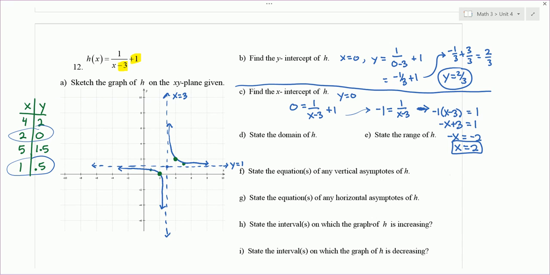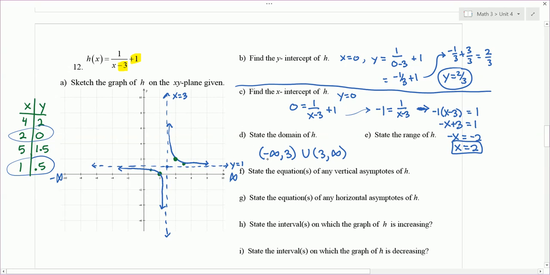Okay, the domain. I'm going to put this in interval notation, and notice we have two parts of our domain. Really, the vertical asymptote x = 3 is cutting our domain in half, because our graph goes from negative infinity on the left to positive infinity on the right, with a break in the graph. So you start at negative infinity, go up to where the graph breaks at 3 on the x-axis, union, start back up at 3, all the way to infinity.